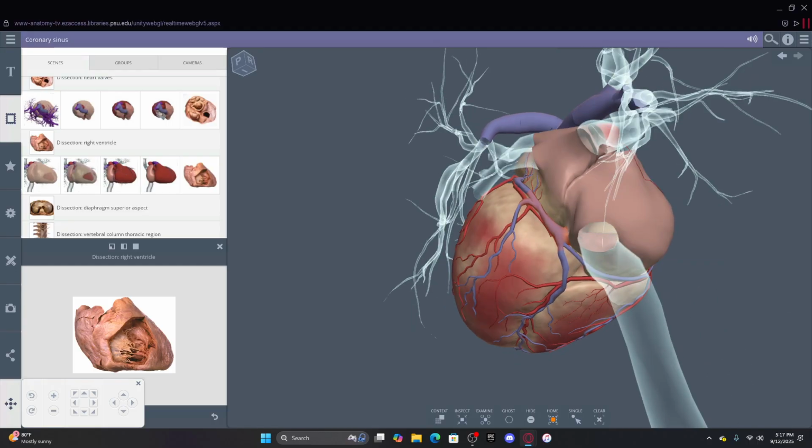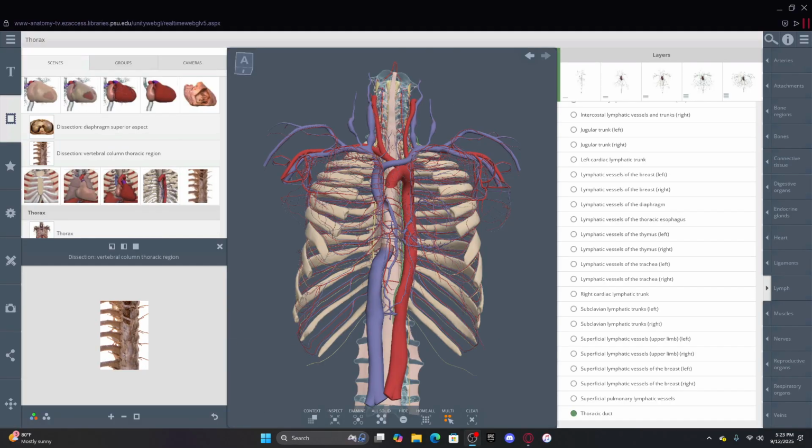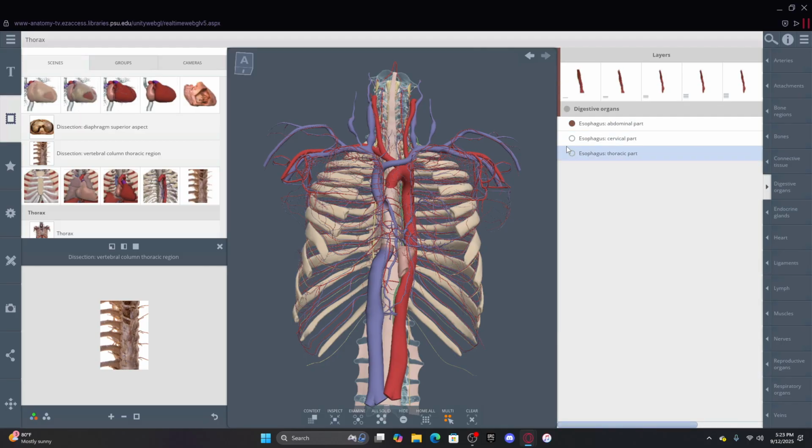Okay. And now we're going to move on to the other structures of the mediastinum. The first structure that I want to speak about, I didn't add the esophagus, so let me do that now.